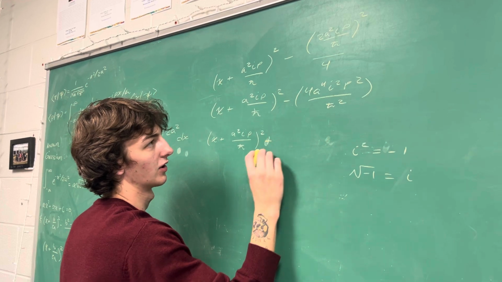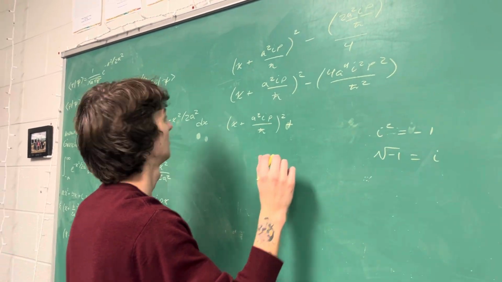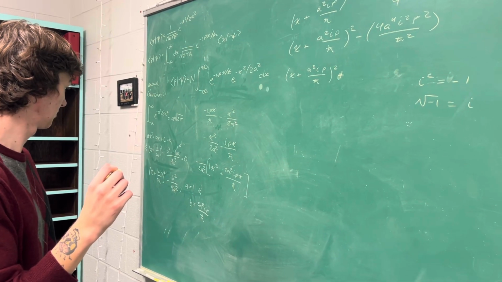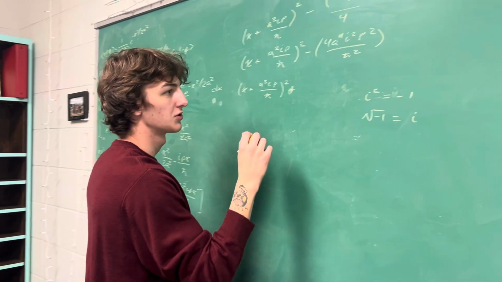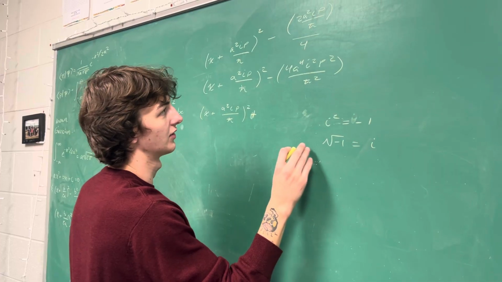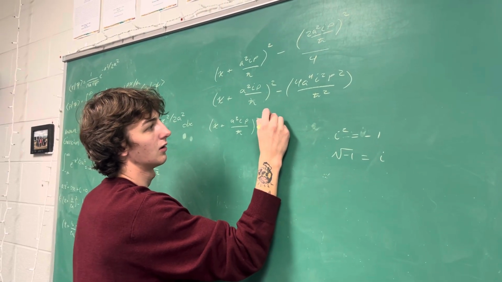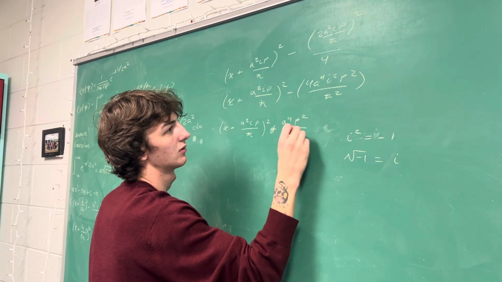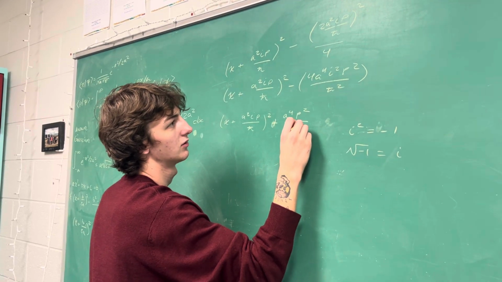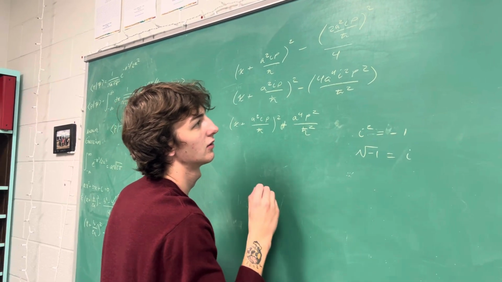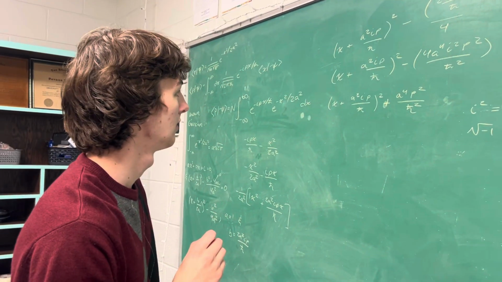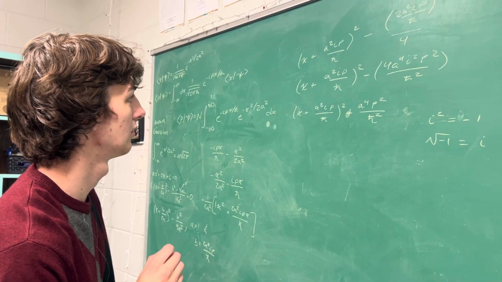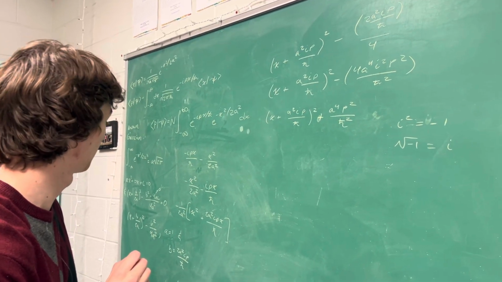And so now what we're going to have is a to the 4th p squared over h bar squared. The 4's cancel. And now what we can do is we can go ahead and factor here.